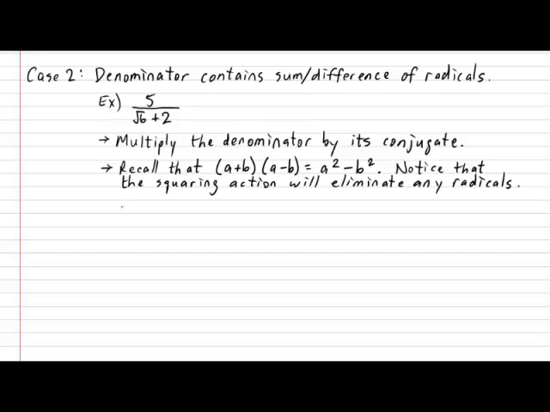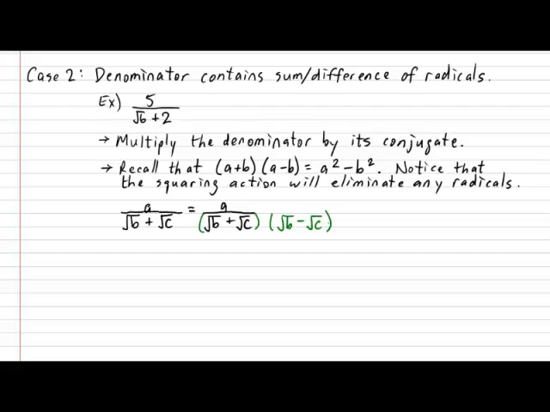Suppose that you have a fraction a over root b plus root c. Well, when you multiply by its conjugate, I'm going to put the conjugate in green. I suggest you do the same thing. So multiplied by root b minus root c, that's its conjugate.